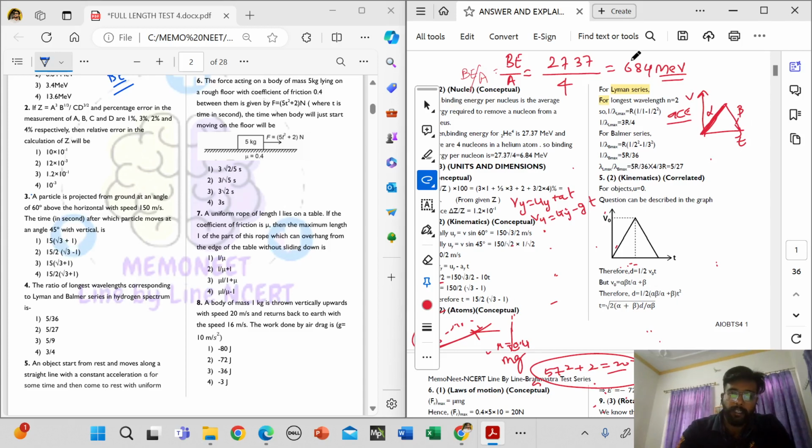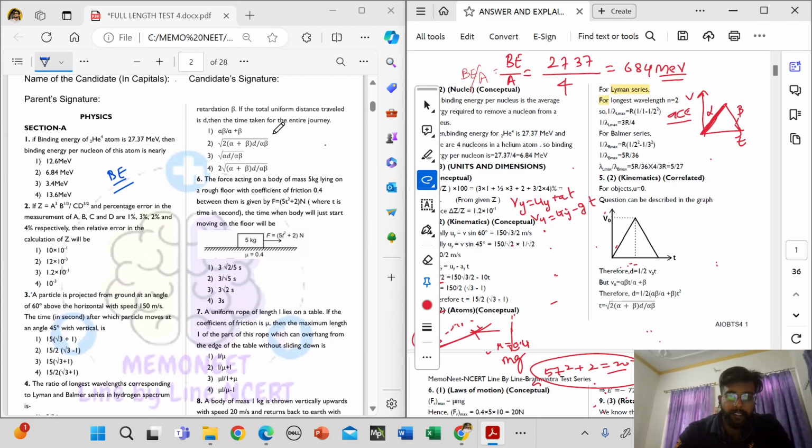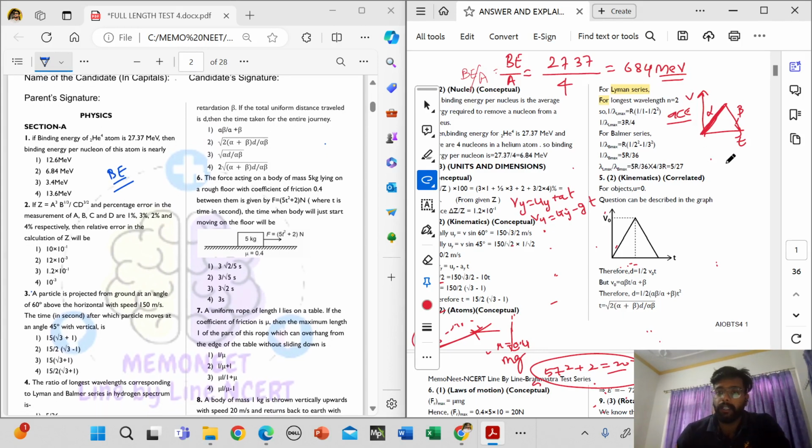If the distance traveled is d, we have to calculate the time taken for the entire journey. Suppose the time taken here is t1 and the time taken for the retardation period is t2.